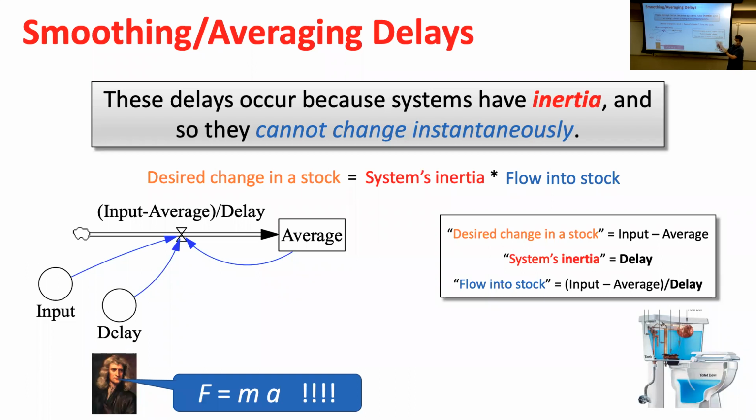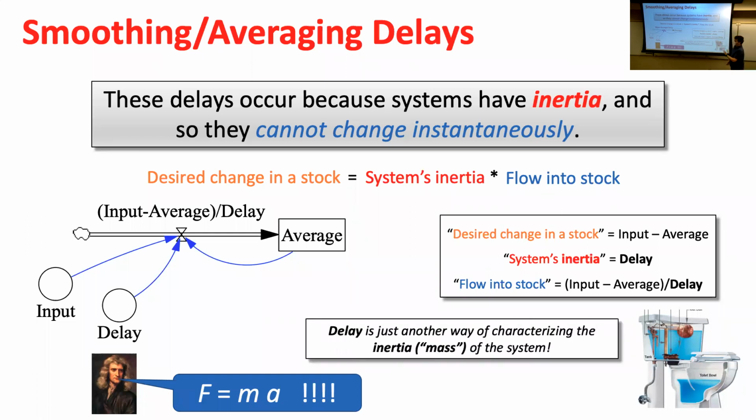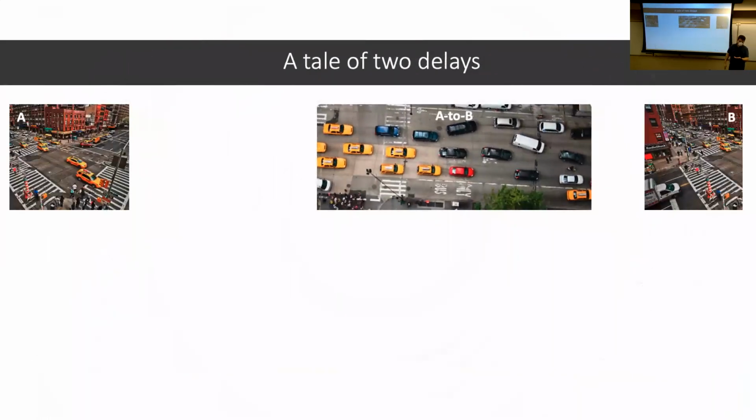We would mathematically model them with exactly the same expressions and just interpret the expressions differently. In some cases it's water; in other cases it's how quickly they adapt to change. So delay is just a way of characterizing how quickly these systems rise. All right, that's what I mean by smoothing delays.